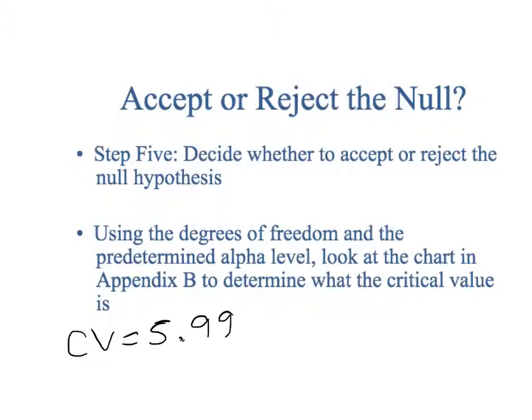And so just like with t-test and ANOVA, if our chi-square is greater than the critical value, we reject the null. And if our chi-square is less than the critical value, we fail to reject the null hypothesis. So in this case, we are going to reject the null hypothesis.